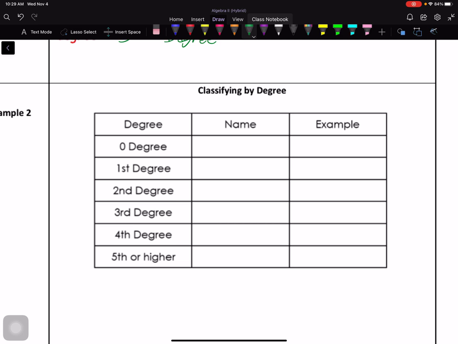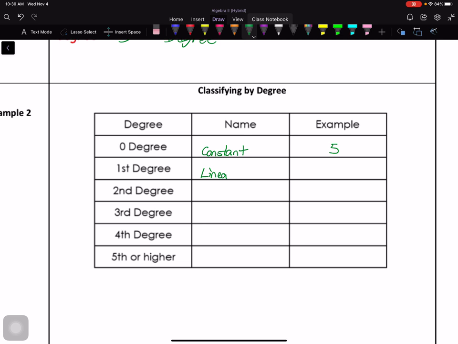So if you have a polynomial that looks something like this, we call that a constant. There's no variables, it's just one number, that's it. A first degree, these are called linear.